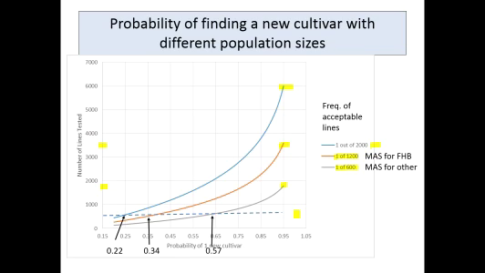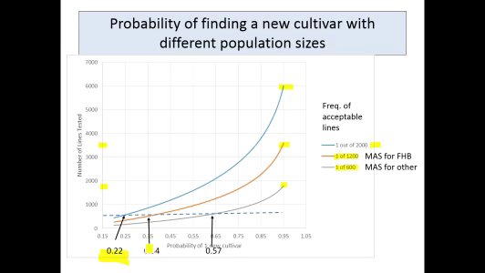Let's say you're testing only 500 new lines a year. Okay. And the probability of finding a new variety is 1 out of 2,000. You test 500 new lines a year. Your probability of finding that new variety is 22%, 0.22. If you do the marker-assisted selection, your probability of the new variety goes up.